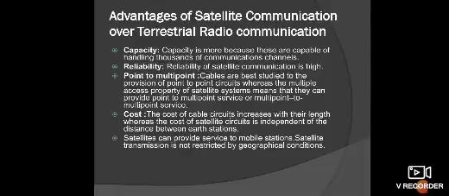And the next one is cost. The cost of cable circuits increases with their length. When we increase the cable length, the cost also increases, whereas the cost of satellite circuits is independent of the distance.